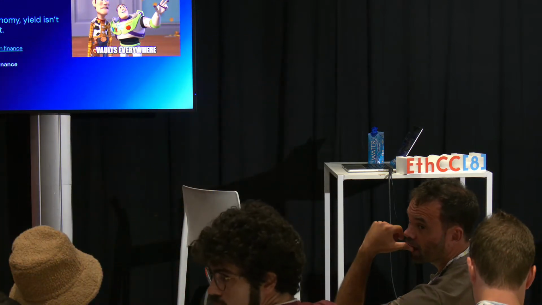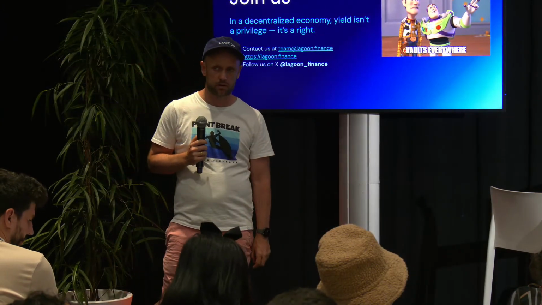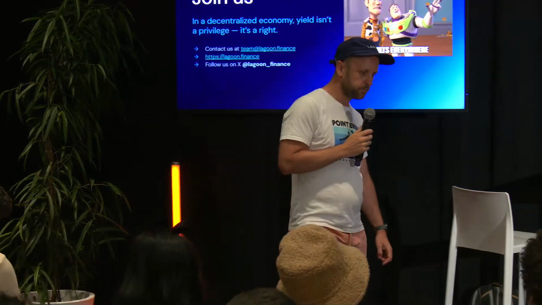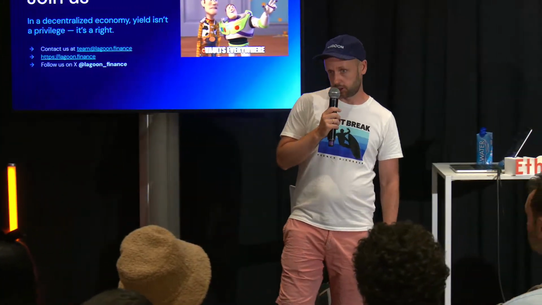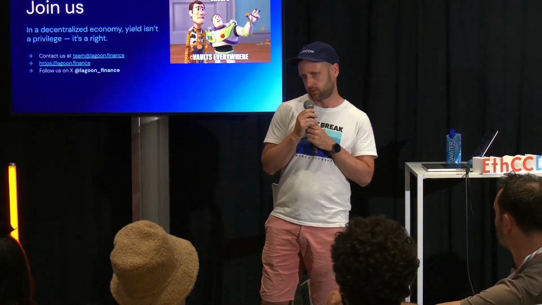Is there some risk if the curator and the valuation provider collude together, if they are the same entities? Yes, so there are trust assumptions to your curator. Always, if someone is going to manage your funds, there are some trust assumptions.